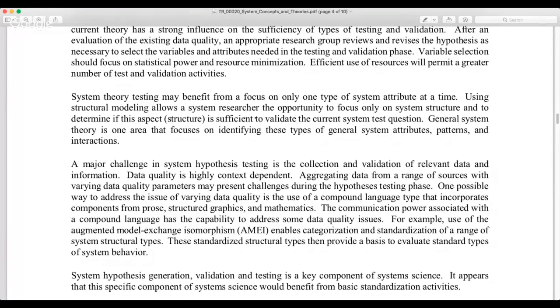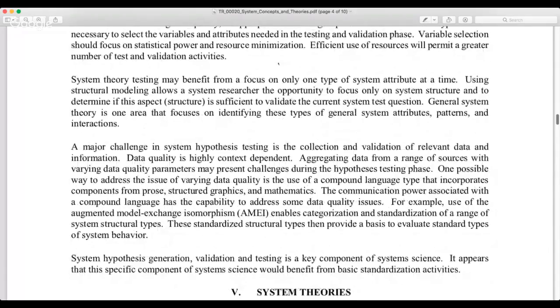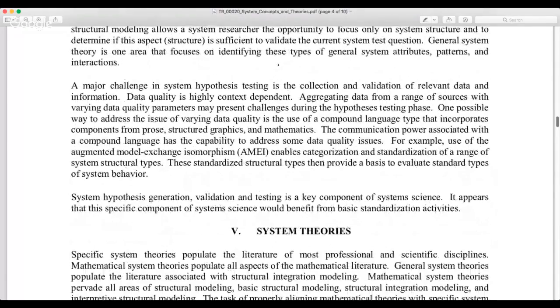And one of those associations we can talk about is a model exchange isomorphism. We've arranged the logical categories. We've got 27 buckets, different logical connections here. So we can use that as one of the attributes to ask, what is the logical connection? These are just some of the ideas that we'll be throwing out. We'll develop these as we go further.